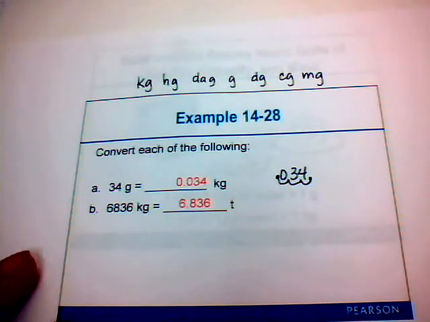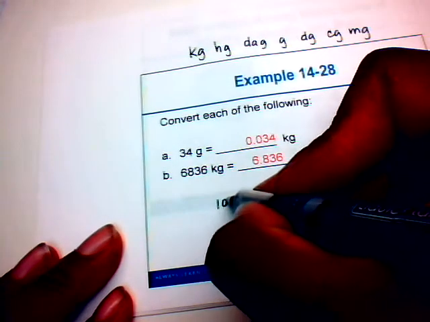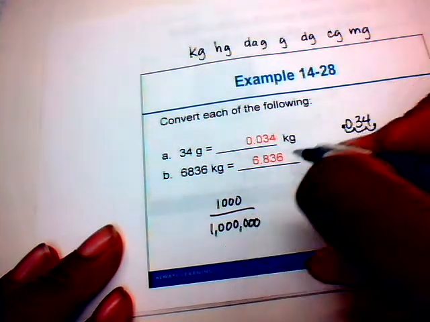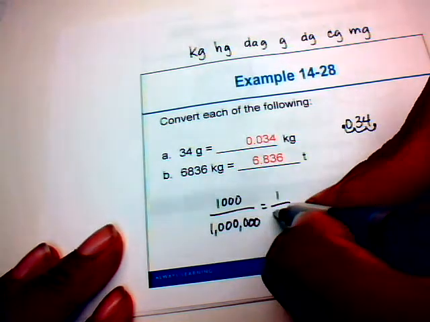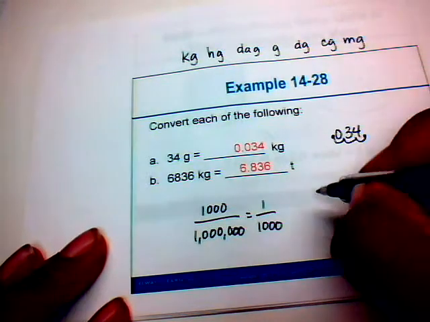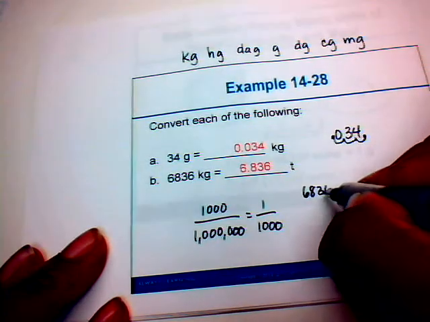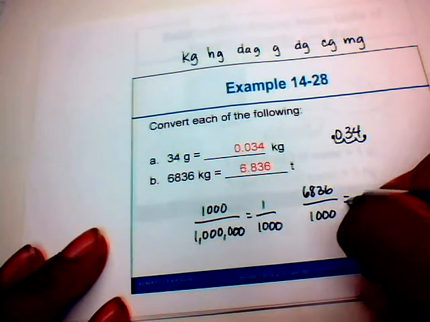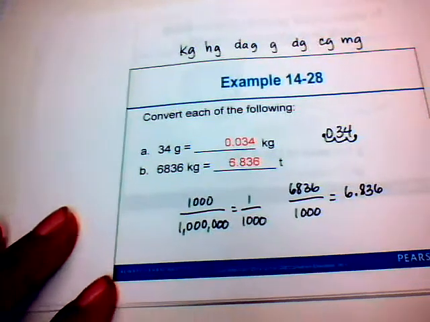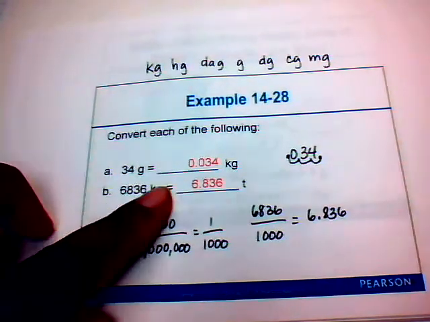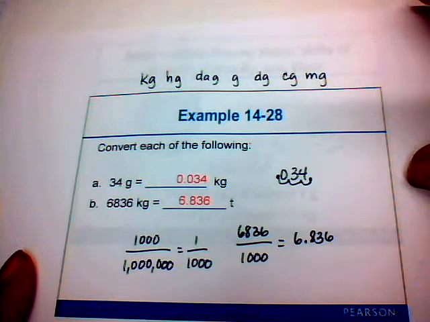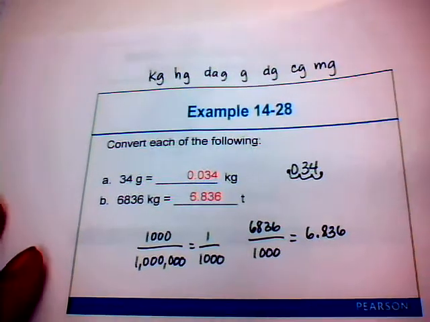Because I know a kilogram represents 1,000 and the ton represents 1,000,000 in relationship to grams. So here that's going to be 1 over 1,000. So we need to divide 6,836 by 1,000, and you'll end up at 6.836 metric tons. So 6,836 kilograms is equivalent to 6.836 metric tons.